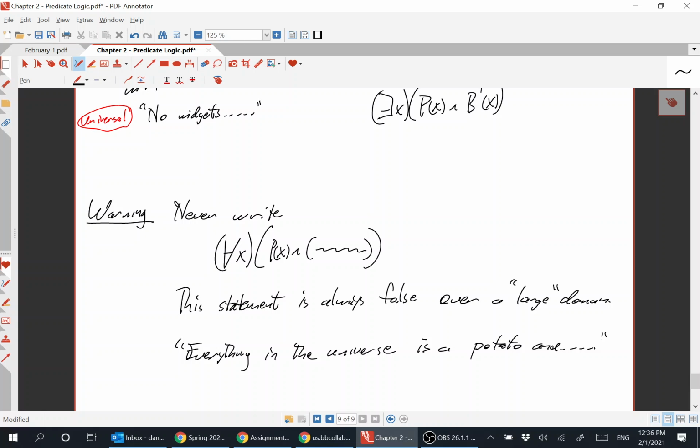It's false. Not everything in the universe is a potato. Okay, as long as P is not the whole domain. If your domain is all real numbers, you would never have P of X is a number, because if your domain was just P, you wouldn't bother specifying it again.